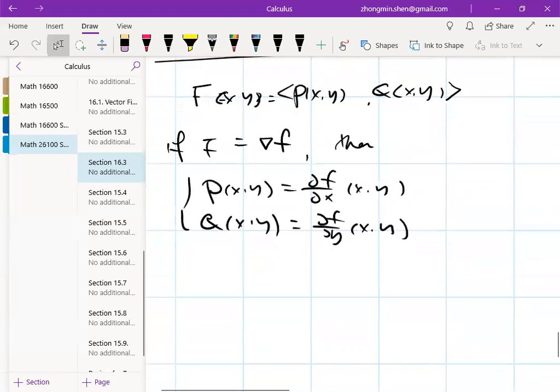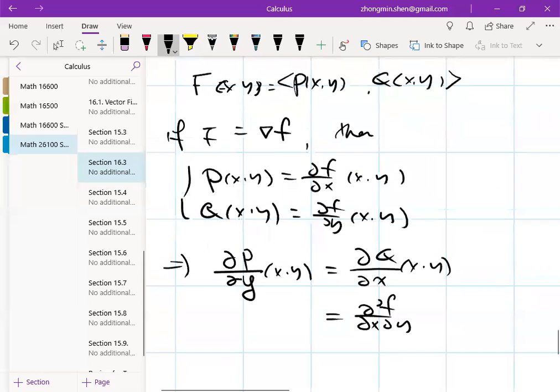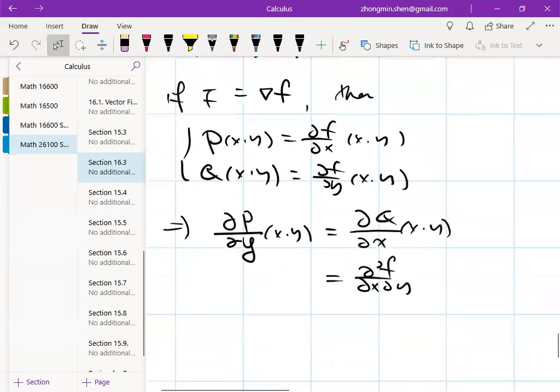Then I can see that the partial derivative of P with respect to y and the partial derivative of Q with respect to x are both equal to the mixed partial derivative of f. It doesn't matter, that's a switched order.